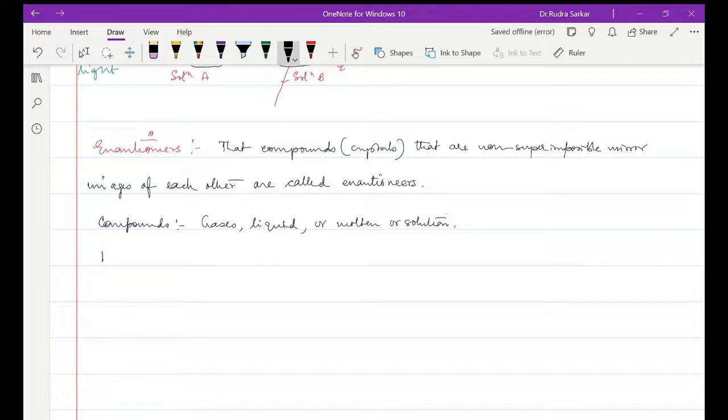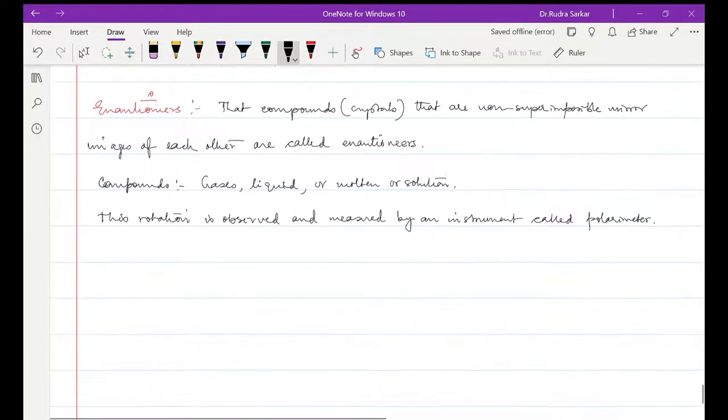This rotation is observed and measured by an instrument called a polarimeter.